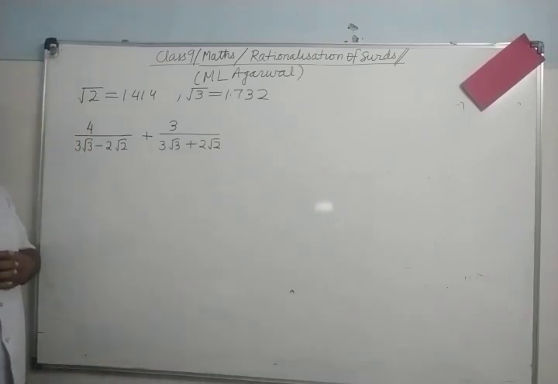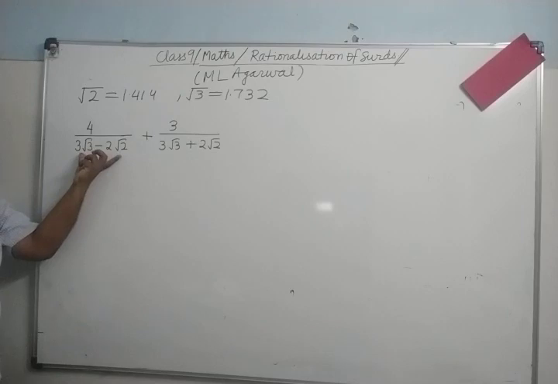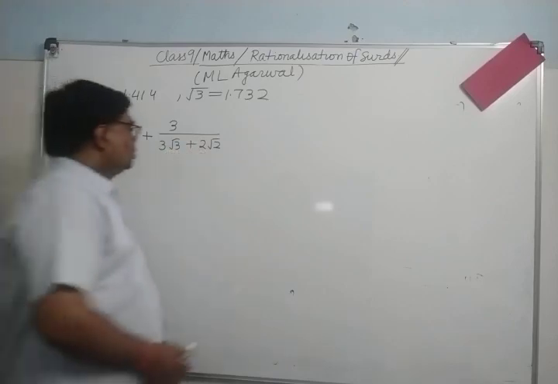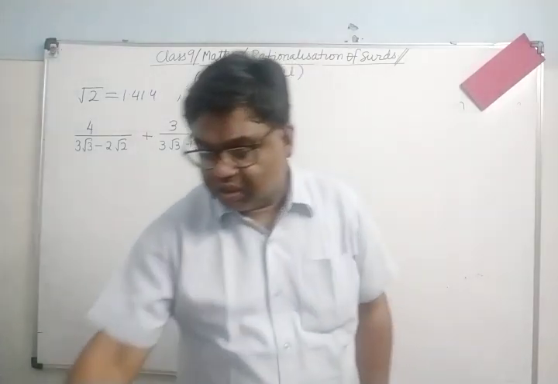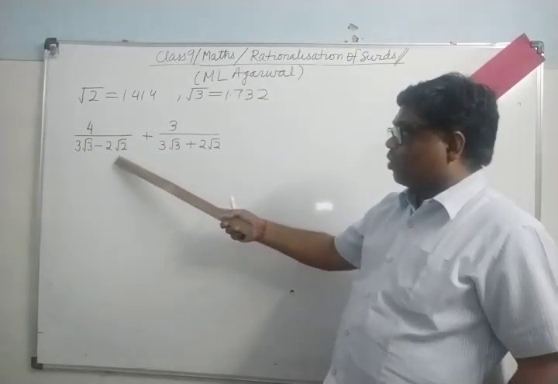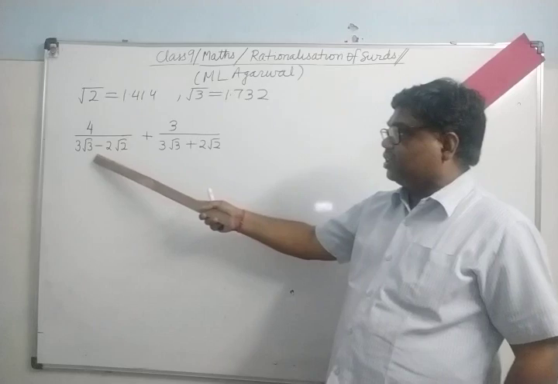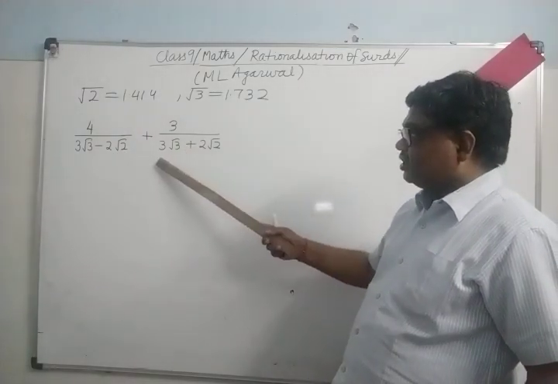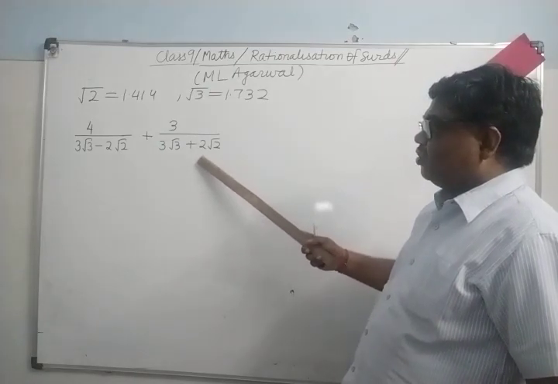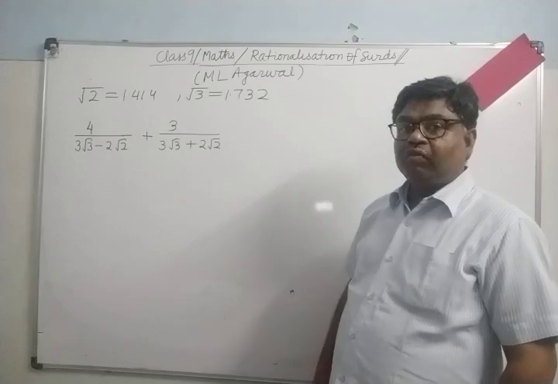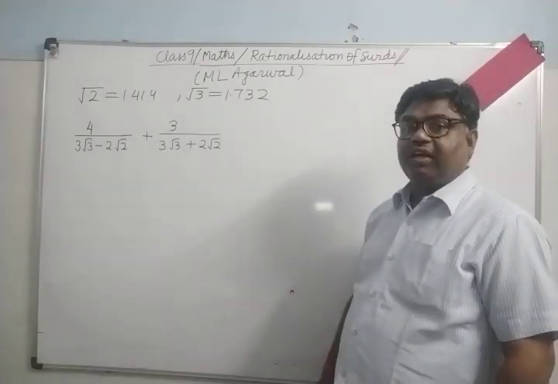So all of you see here. Here it is 3 root 3 minus 2 root 2 and here it is 3 root 3 plus 2 root 2. It's clear? If you see the denominator, what is the RF of this? It will be 3 root 3 plus 2 root 2, which is this. And what is its RF? It is 3 root 3 minus 2 root 2, which is this. So what will you do? We will not rationalize separately.